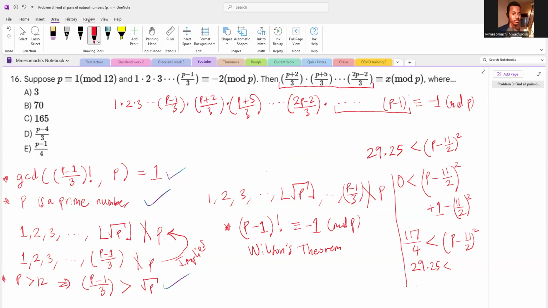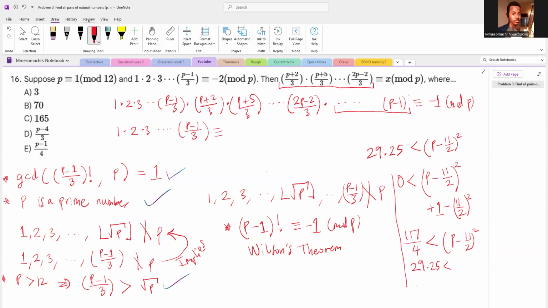I'll erase this. So now, what I want to show is that 1 times 2 times 3 up to (P minus 1) over 3 is congruent to, so we can compare this with the numbers from the back.